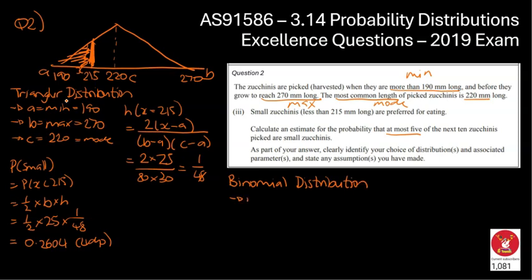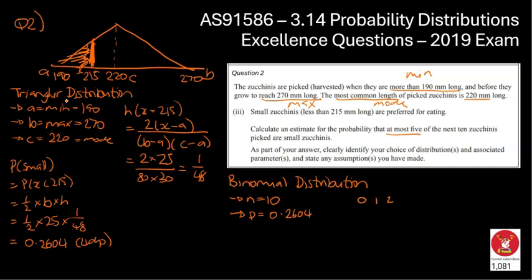And my parameters: n is equal to 10 trials because I'm picking 10 different zucchinis and I'm trying to figure out if they're the small ones or not the small ones. Don't forget, I've got 2 outcomes, small or not small, so that confirms my use of a binomial distribution. My other parameter is the individual probability of success, and we've got that from our triangular distribution to be 0.2604.